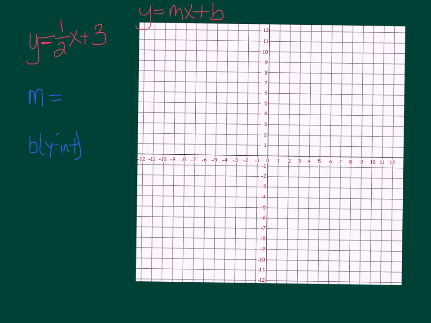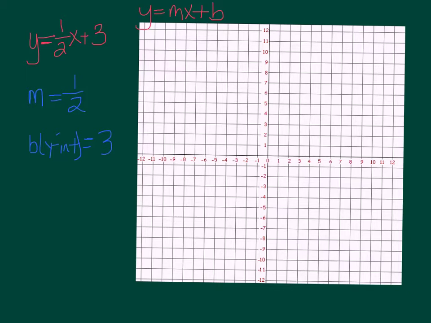M is always in front of the x, so my slope is 1/2. B is what's off to the side, not the one in front of the x. In this case, b, or my y-intercept, is 3.